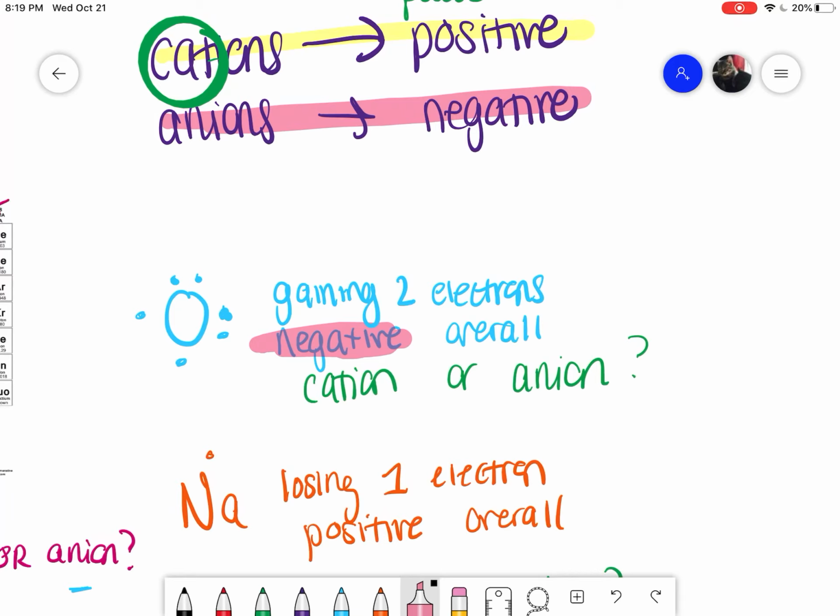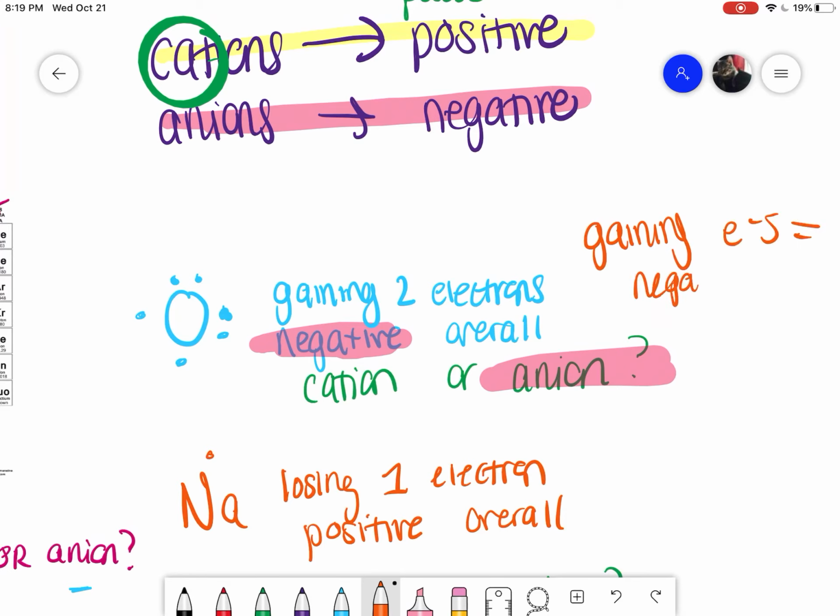And so when they're gaining electrons, they will become anions. So gaining electrons equals a negative charge, which means it will be an anion.